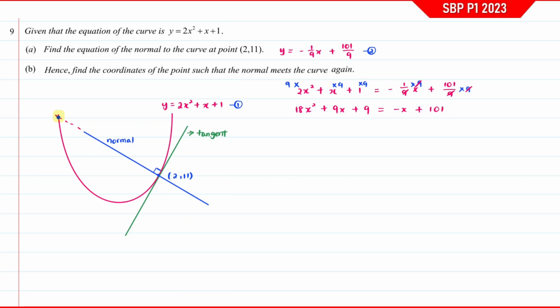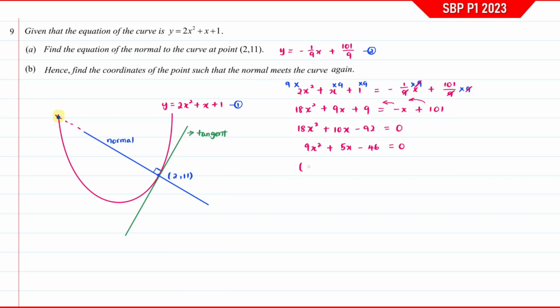As this is a quadratic equation, we're going to write it in general form. Then it will be 18x squared plus 10x minus 92 equal to 0. Here we can simplify the equation by dividing every term by 2. So 9x squared plus 5x minus 46 equal to 0.